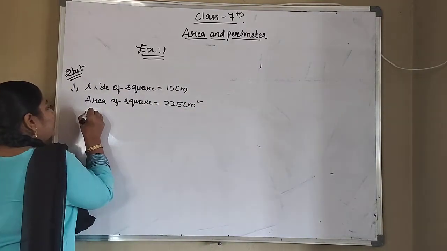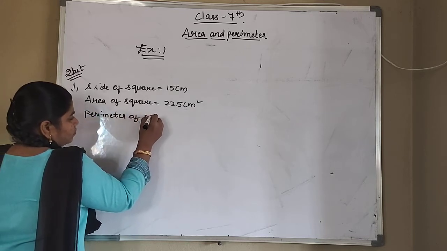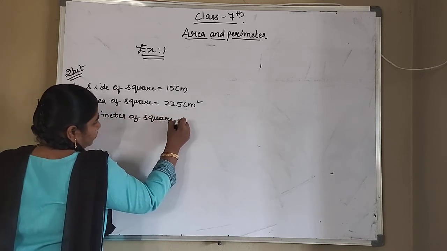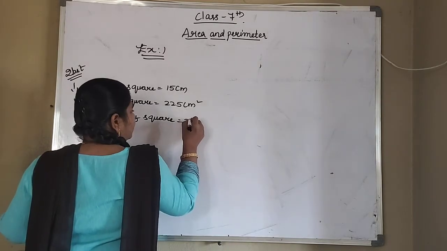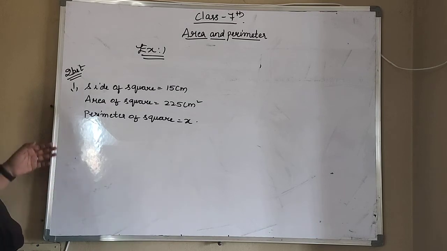So we have to find the perimeter of the square here. How to find the perimeter of a square by using this side and area?